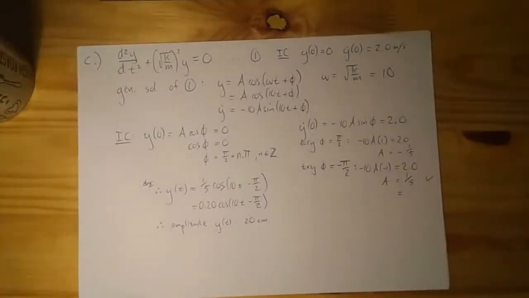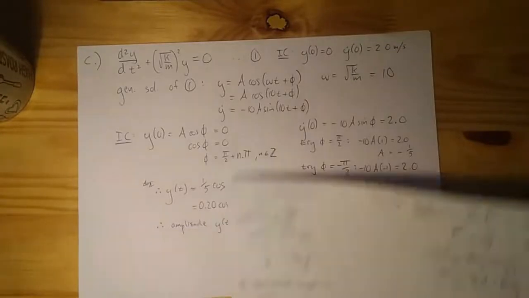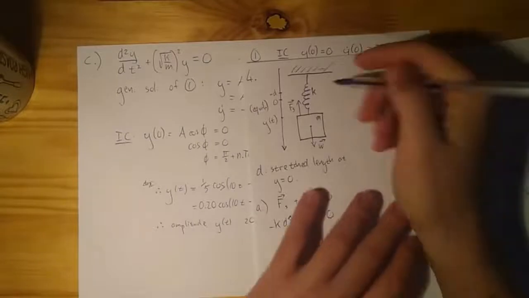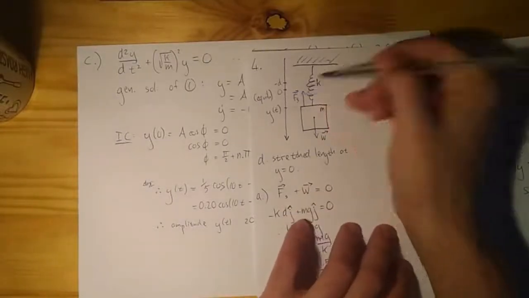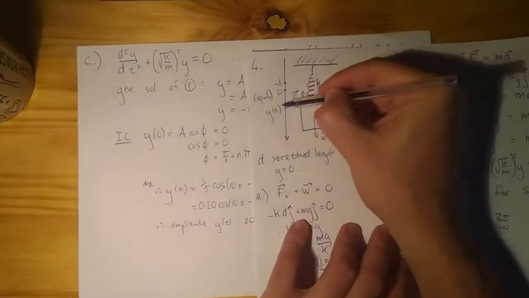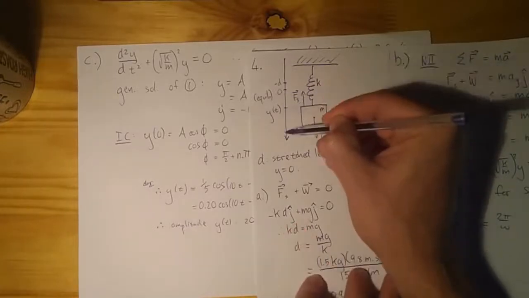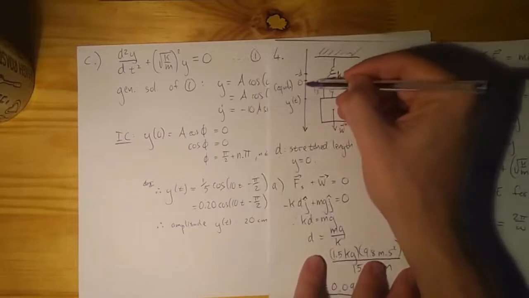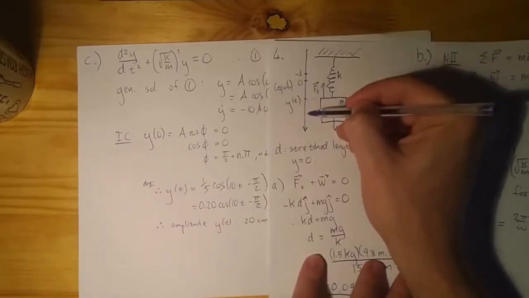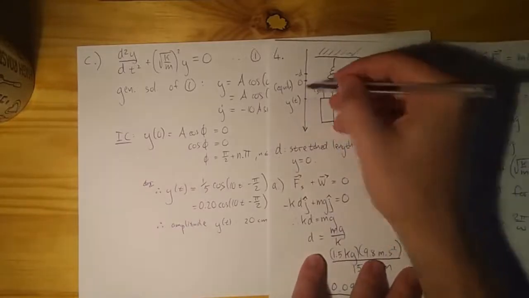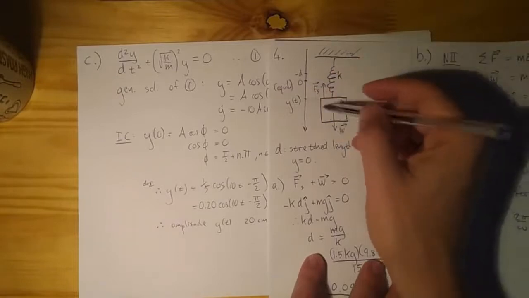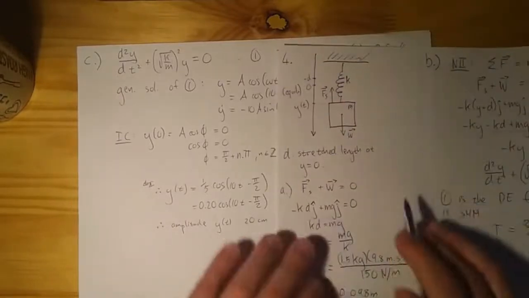Good, now, where's the graph? What is the maximum distance then? The maximum distance will be when the y value of the block is at the furthest down. And what is that? That is 20 centimeters below the 0 value. So what is the distance from the ceiling then?